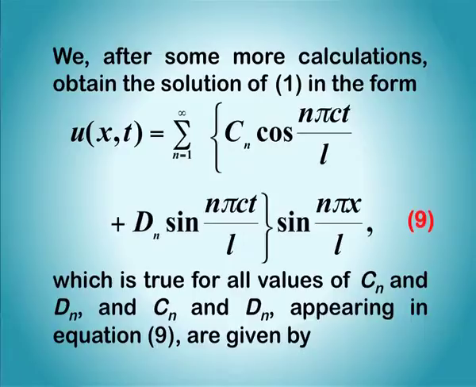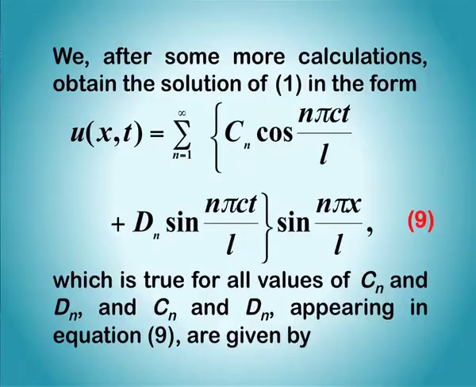u is a function of x and t, and that is expressed as a summation. Summation goes from n is equal to 1 to infinity. The first constant is Cn. The second constant is Dn. That is equation 9, with cos and sine trigonometrical ratios befitted in this definition. And it should be mentioned that this is true for all the values of Cn and Dn.